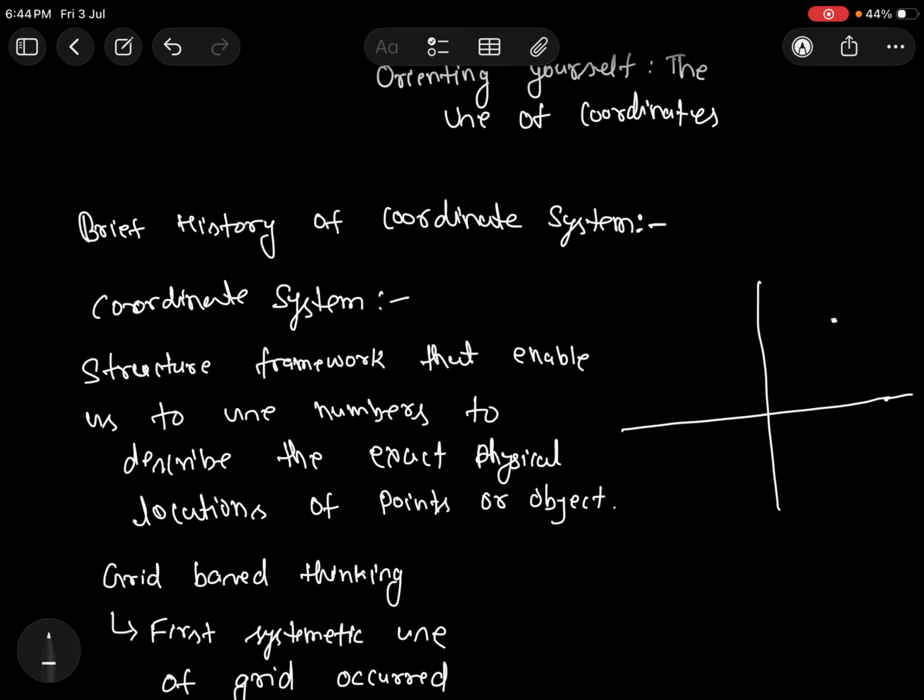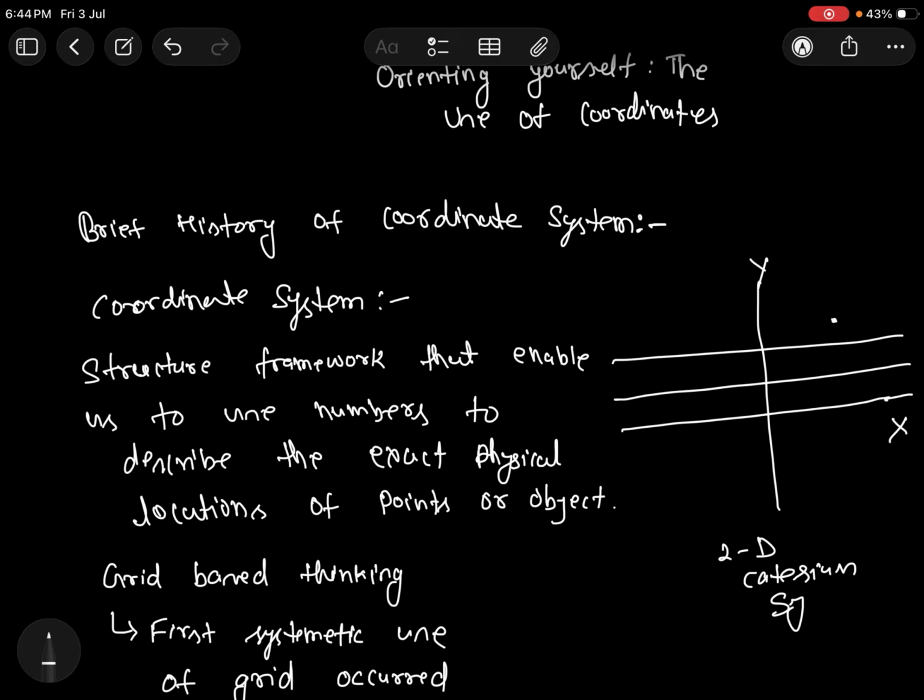When you are developing any coordinate system, you make some structure. Like for the Cartesian coordinate system, this is the 2D Cartesian coordinate system. For this, we have developed a structure with several parallel lines, vertical and horizontal.